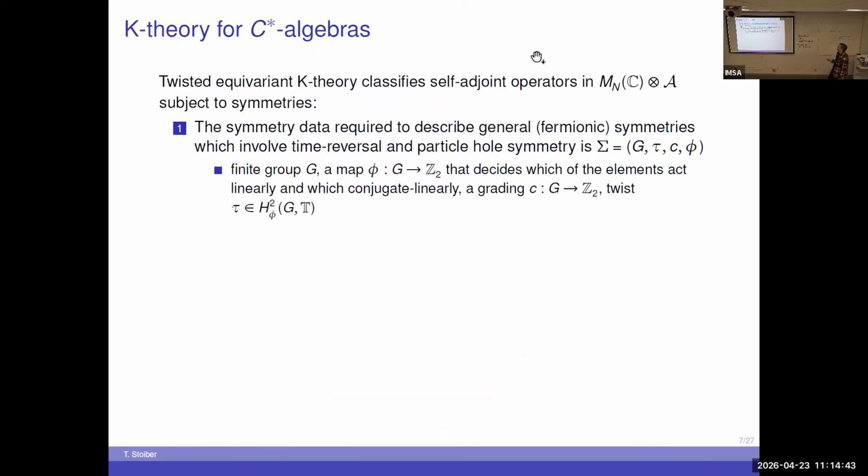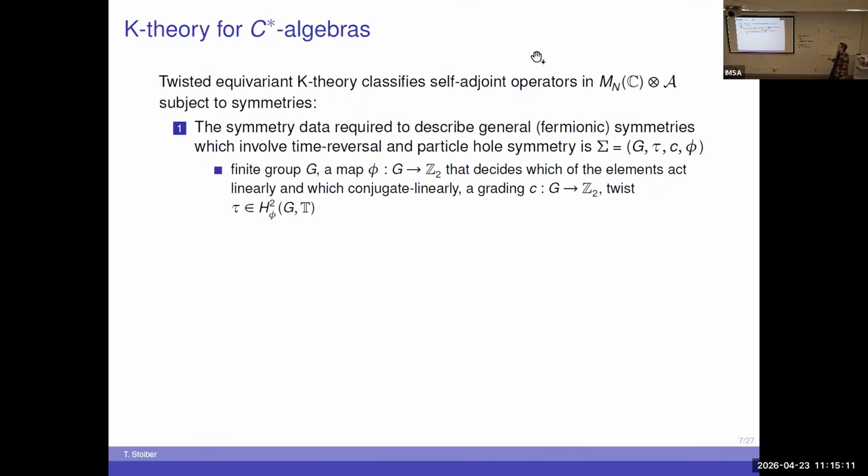The twist in this case refers to the fact that we need symmetries that mix real structures of complex conjugations with crystalline symmetries. For example, C4T symmetry composes time reversal and a rotation. So that makes a complex anti-linear symmetry, or anti-unitary symmetry.